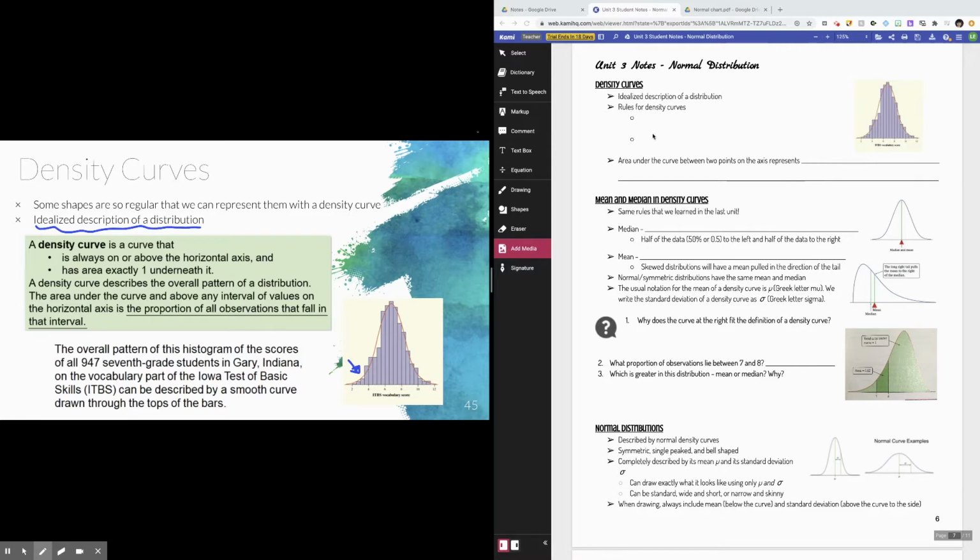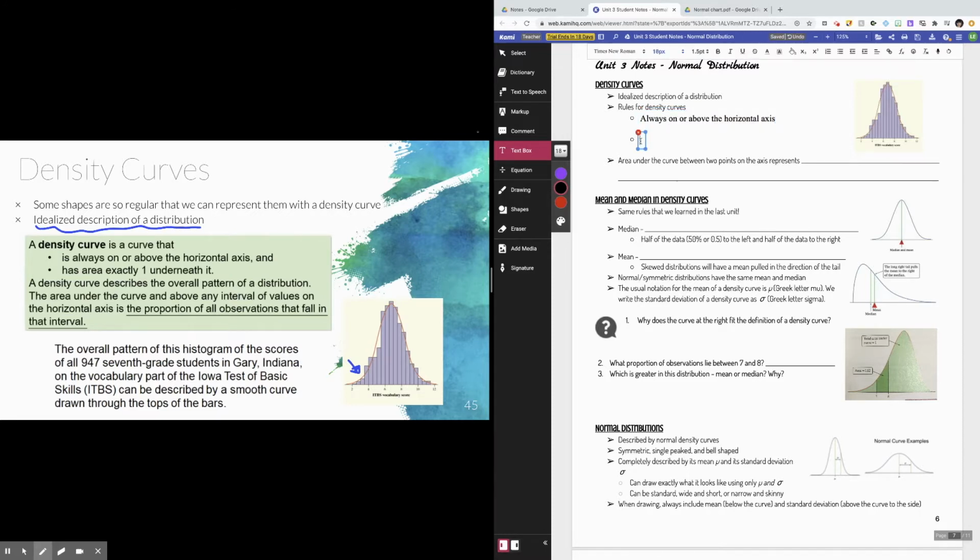So there are really just two rules that you have to remember for density curves. One of which is that the density curve is always on or above the horizontal axis, which is similar to most of the data that we've been working with at this point.